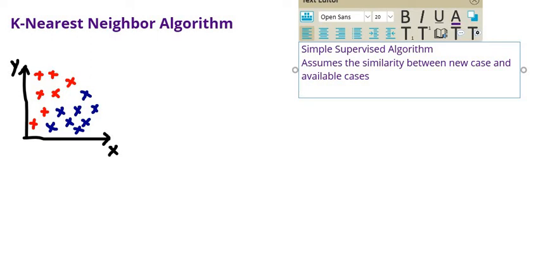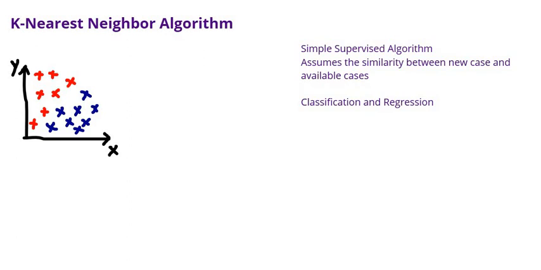This is what the k nearest neighbor algorithm does, and it can be used for both classification and regression. This is another important thing in this algorithm, but most of the time it is used for classification.